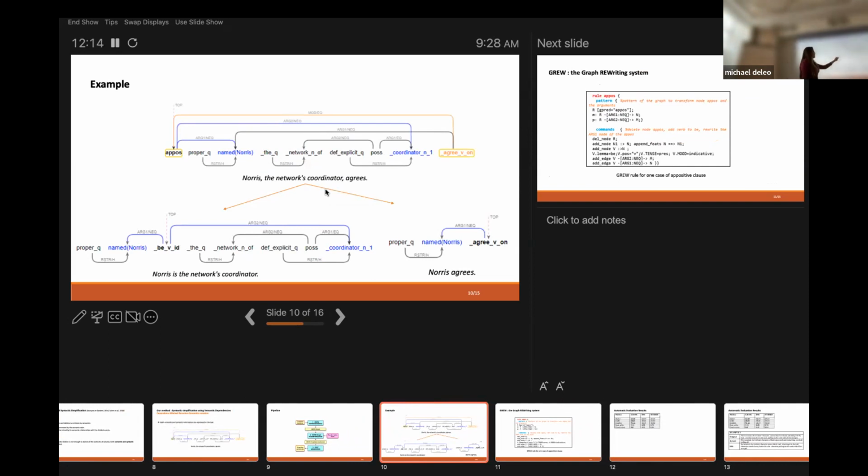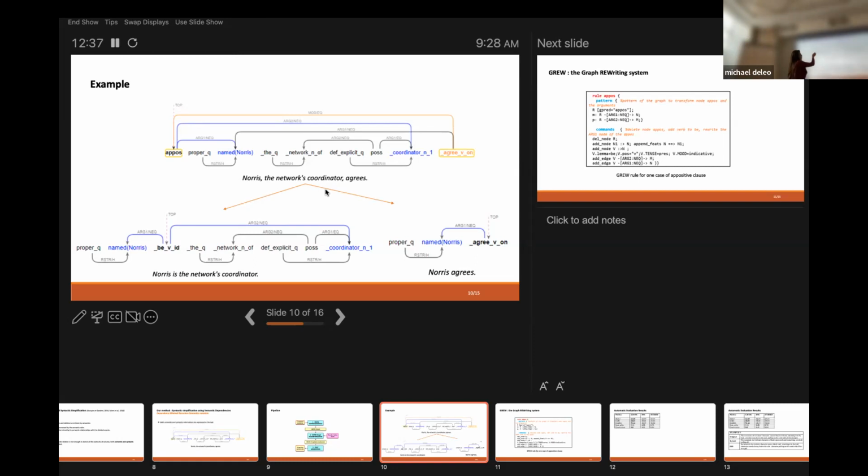So we have this as input. We create the DMRS graph using some parsing tools. We apply some transformation rules using a graph transformation tool in order to have 2 subgraphs.